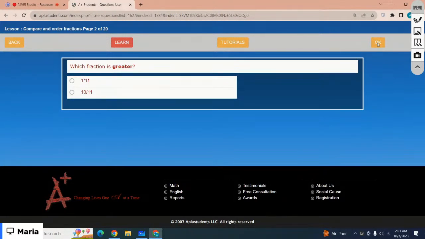Okay, which fraction is greater? 1 over 11 and 10 over 11, which is the correct option? When you have fractions with like denominators, comparing them is very easy. You just have to look at their numerators. The one that has the greater numerator is greater than the other one.